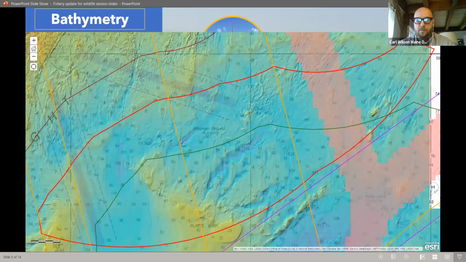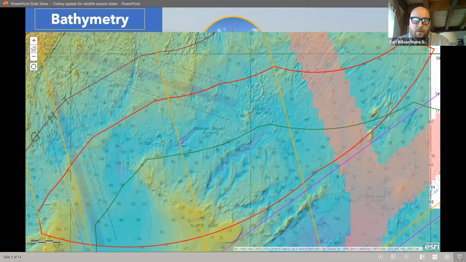With regard to fisheries, and I think this is a general theme that might be emerging from the wildlife discussions as well, even at the surface there's a strong connection down to the bottom, and it's anchored by the underlying bathymetry and physical conditions of this area.